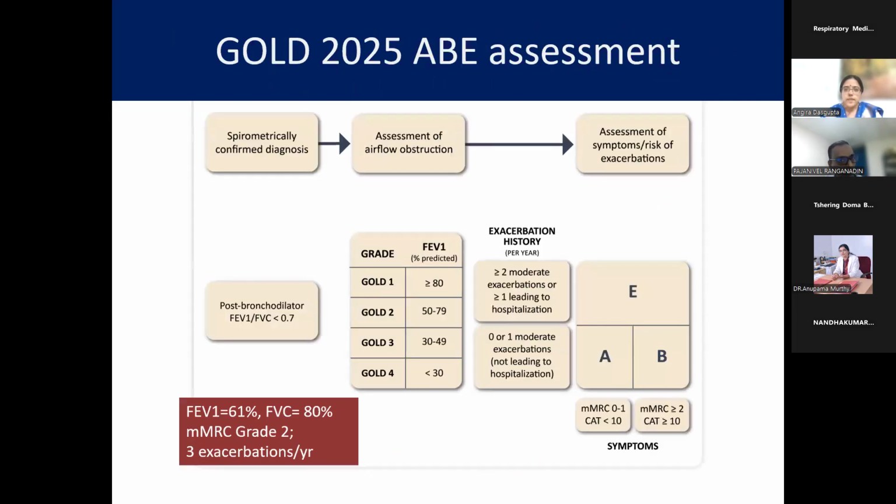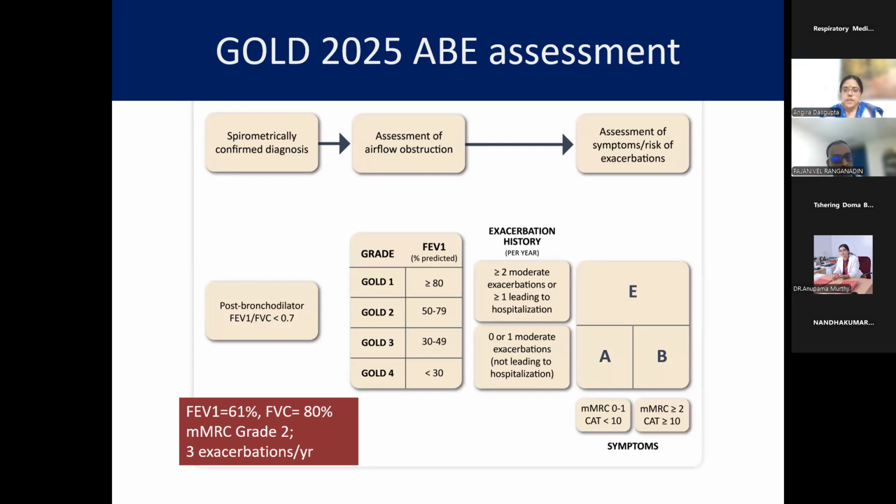So GOLD decided in 2025 that they are going to get rid of the C and D. So when they got rid of the C and D, what remained was the E. So this might look a bit weird when people do not know the history.